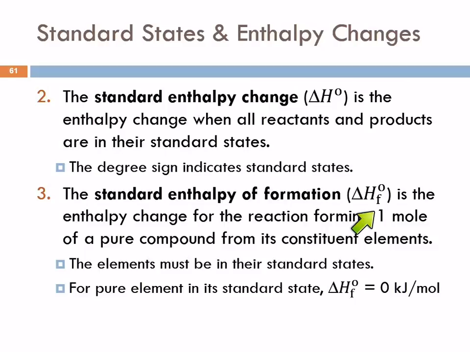And so then we stick an F subscript on this. So this is the standard heat of formation. The elements are in their standard states. The elements, pure elements in their standard states, all have heats of formation of 0 because that's what we decided was the 0 point. Any questions yet?